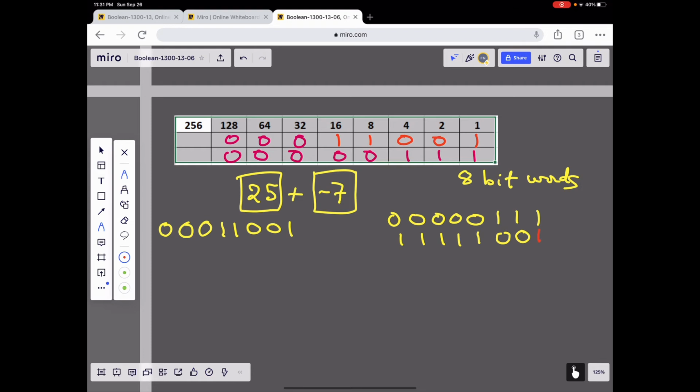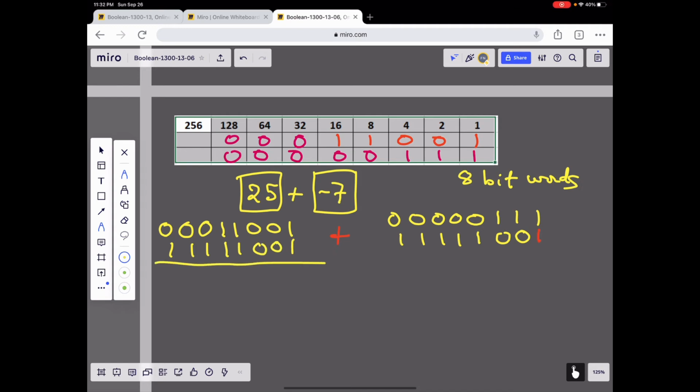Now I can combine them together. So I've lined them up in column correctly. So you got 5 number 1s here, 1, 1, 1, 1, 1. And then 0, 0, 1, 0, 0, 1.